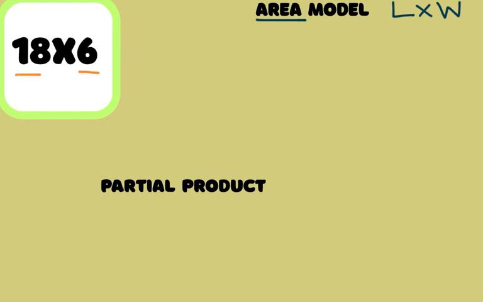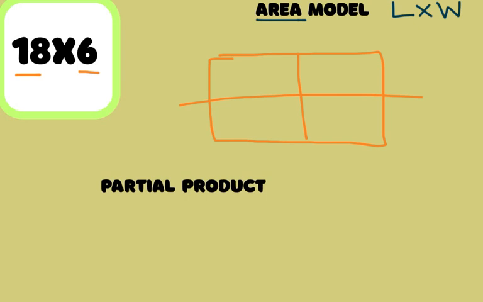So I have 18, which is a two-digit number, and I have 6, which is a one-digit number, which means my model only needs to be split maximum into two parts. As I look at 18, 18 can be decomposed into 10 and 8. 8 is in the ones place, 1 is in the tens place, so that is how that is expanded. And then 6 is a one digit, so it doesn't need to be broken apart any further.